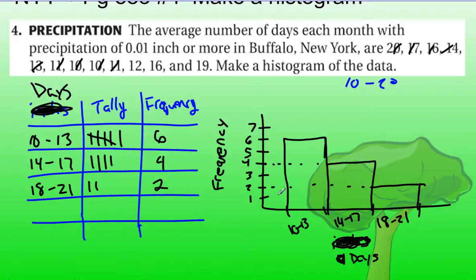So there were 10 to 13 days each month with that much more rain happened the most. And then the fact that there's like here, there's 20 days that got that much rain or more happened very few. So no, that was not inches of rain. That was how many days each month got 0.01 or more inches of rain.